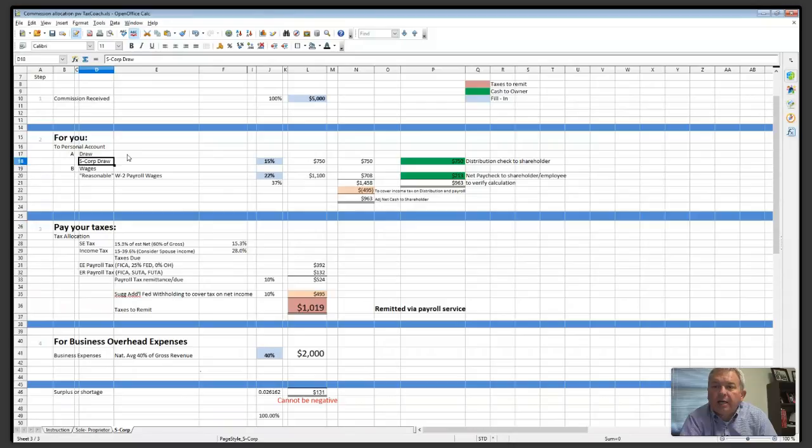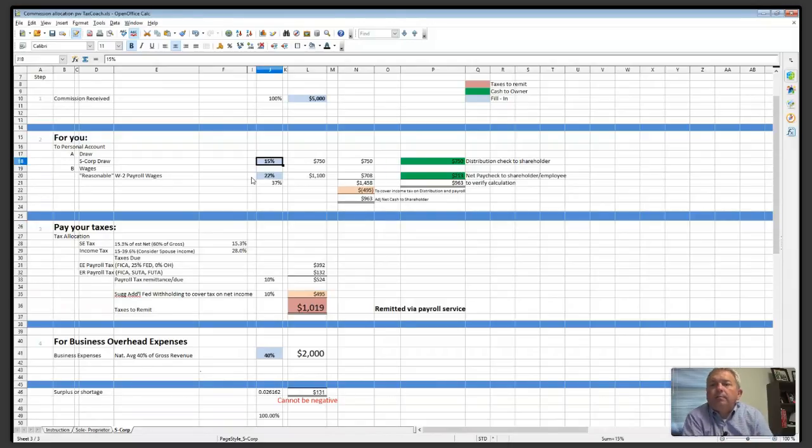You simply write yourself a check that moves from the business account to your personal account. I'm still using the term check. It could just as easily be an electronic transfer, but the term check is representative of both types of transactions. In this case, we're saying that 15% of every commission can be moved directly to our personal account. In this case, that would be $750.